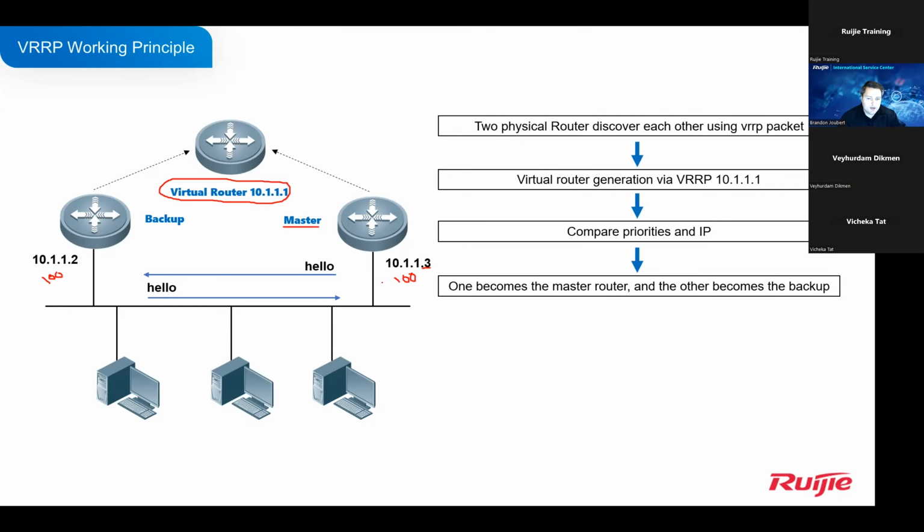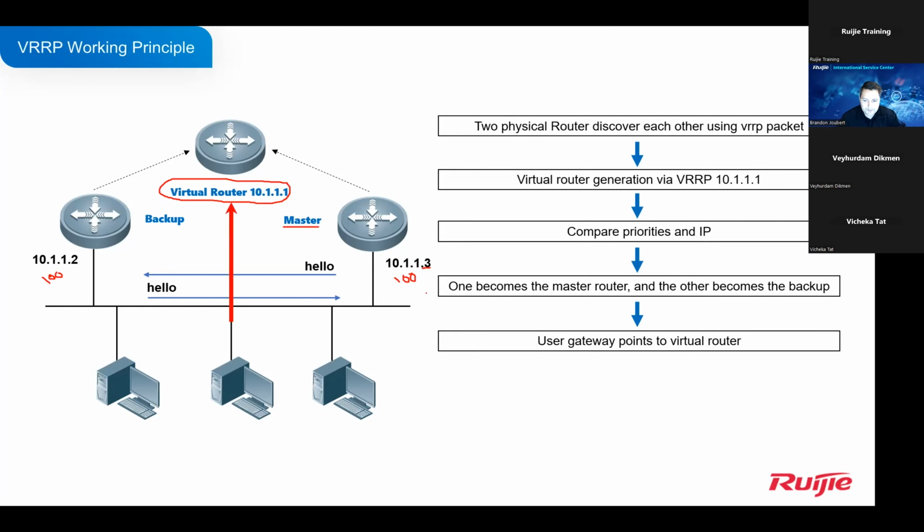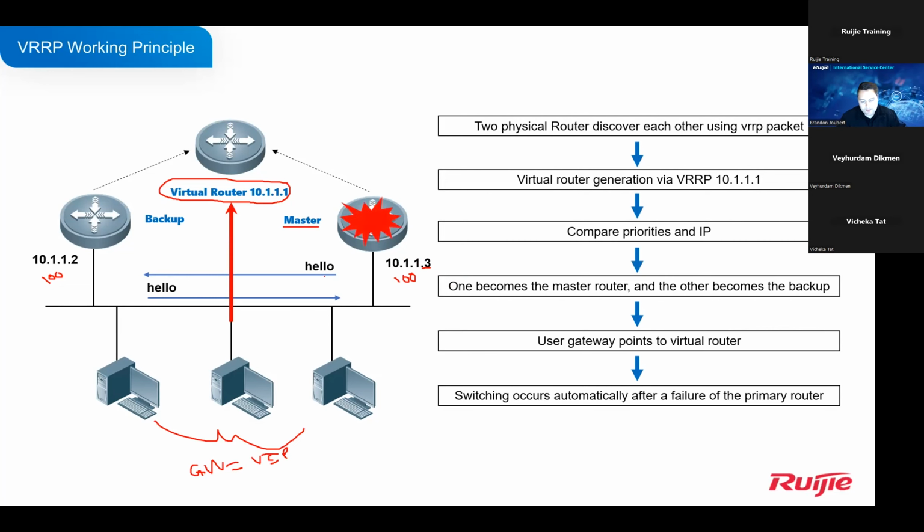The PCs on the network will have their gateways point to the virtual IP. And once the master router fails, the switch from backup to master will happen automatically.